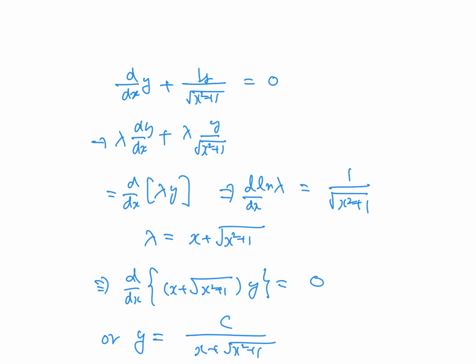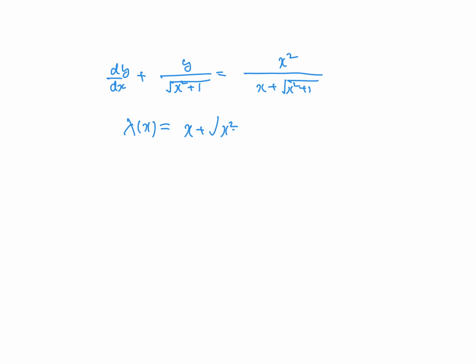And one example is dy/dx plus y over root x squared plus 1 is maybe x plus square root x squared plus 1 over x squared. How about that? We already know the integrating factor, right? Lambda x is x plus square root x squared plus 1.